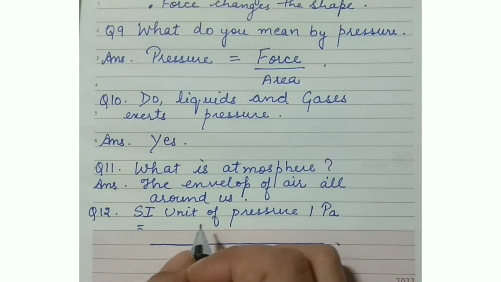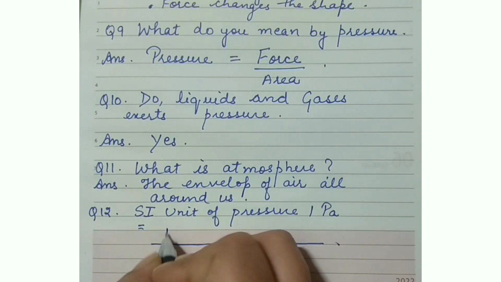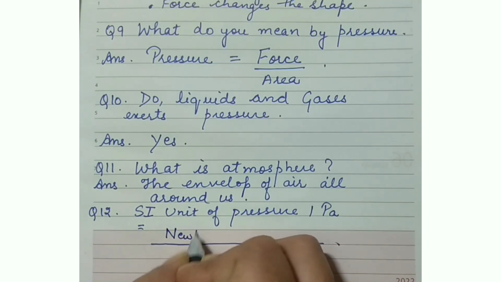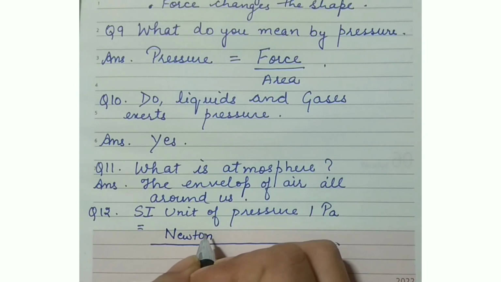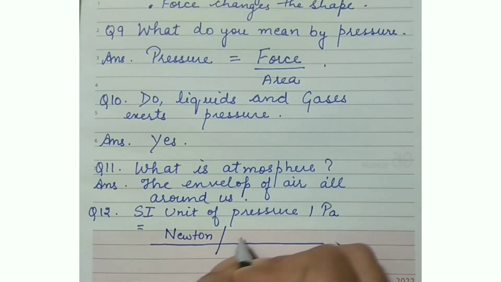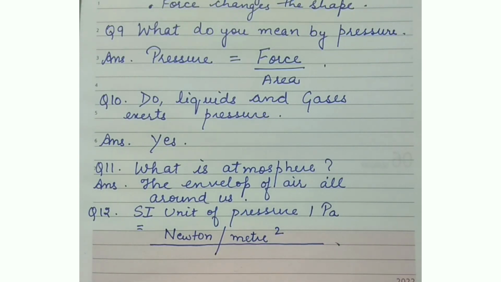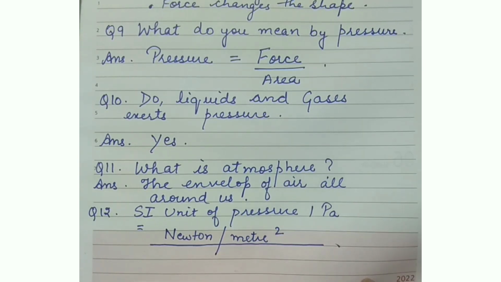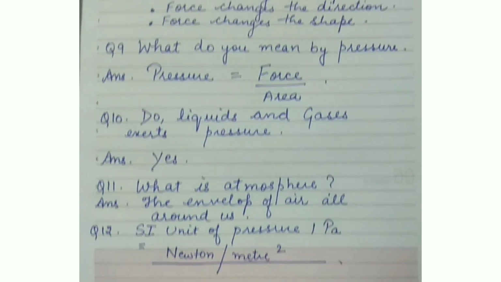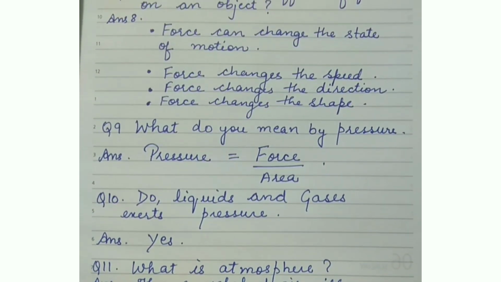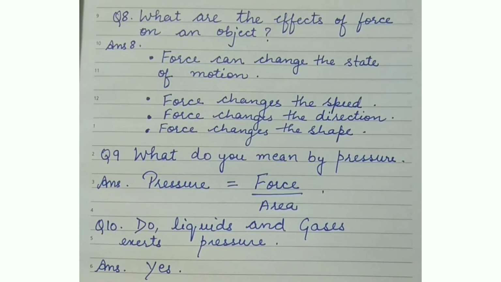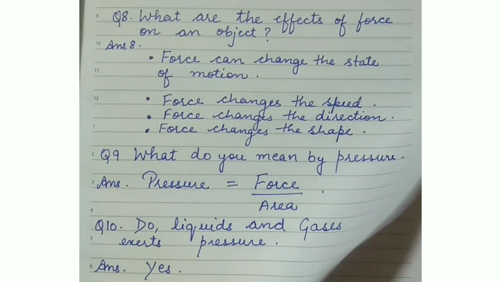Very important question. The SI unit of pressure, 1 Pascal, is equal to Newton per meter square. As you know, the great scientist Newton, who gave us the laws of gravitation.